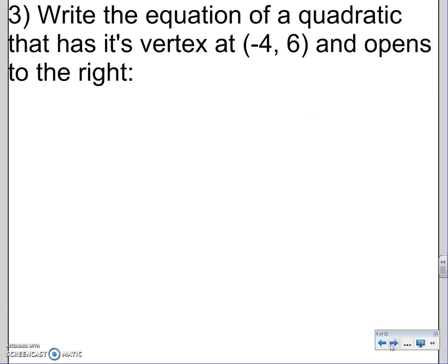3, write the equation of a quadratic that has a vertex at negative 4, 6 and opens to the right. Okay, we have this equation. It's normally this, y equals a parentheses x minus h squared plus k. However, this has opened to the right.